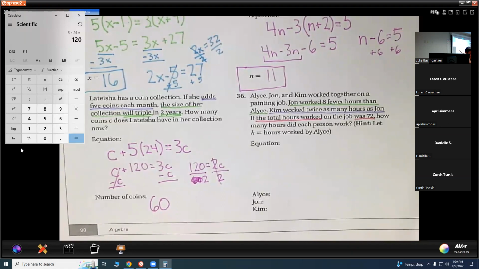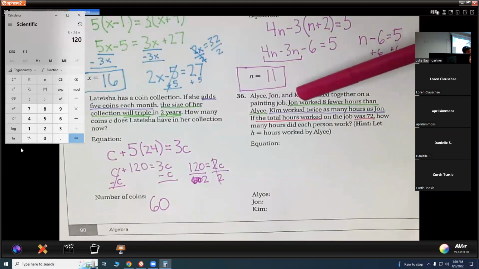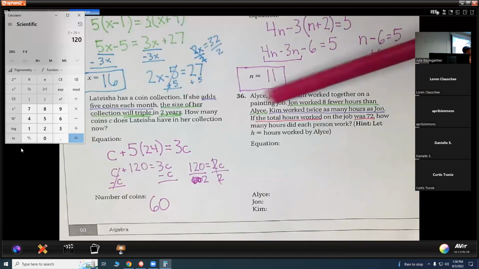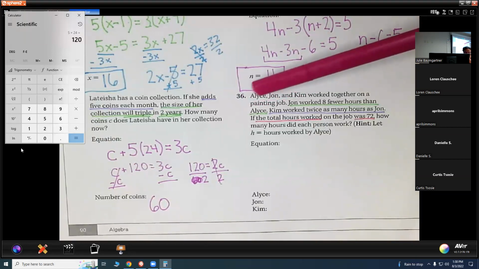And then the hint is let H be the hours worked by Alice. So we kind of have to figure out how much John worked and how much Kim worked, but we have to think of it in terms of Alice's work. Does that make sense?